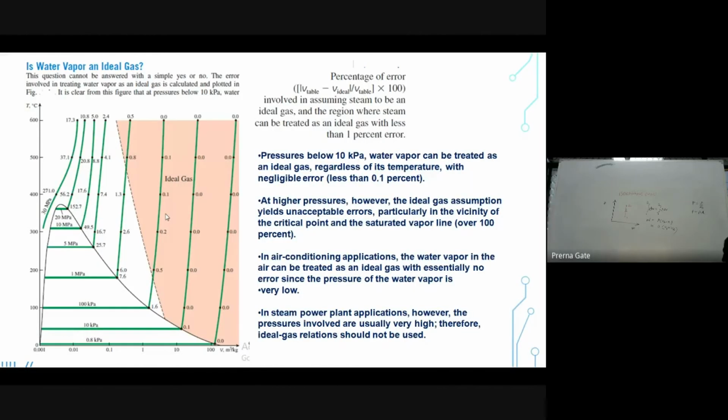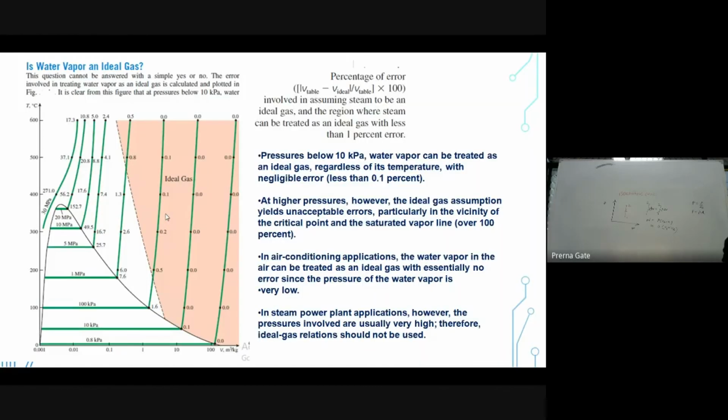From this figure you can also infer that at high pressure, however, the ideal gas assumption yields unacceptable errors, particularly in the vicinity of the critical point. You can see that it is almost 100%.